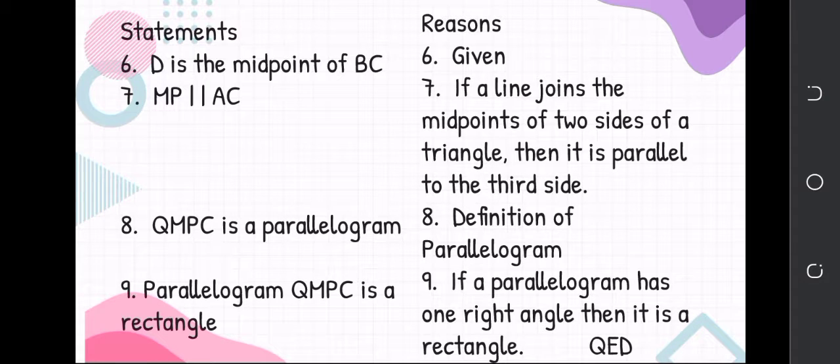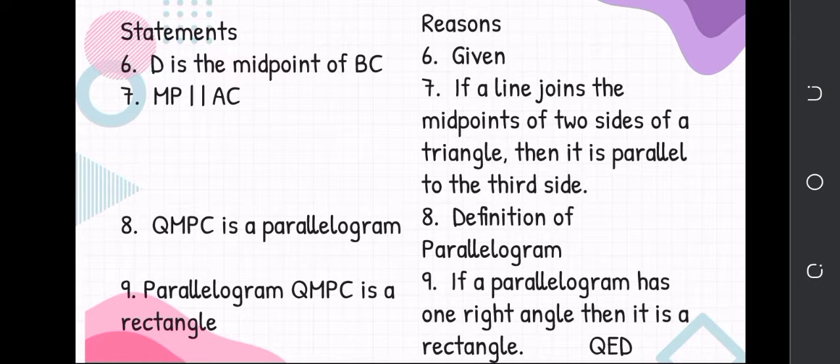Because of the definition of parallelogram. The definition says that opposite sides of a parallelogram are parallel. Because we are given opposite sides as shown in the figure, and we know that they are parallel, then QMPC must be a parallelogram.